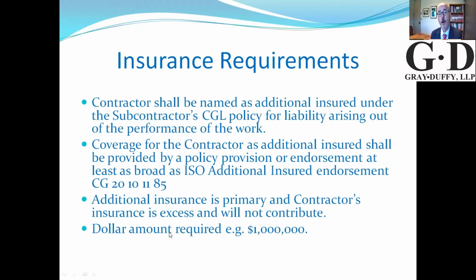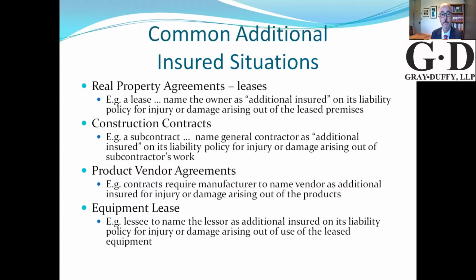And often there'll be a dollar amount required, for example, $1 million or $5 million, depending on the size and scope of the work to be done. Sometimes there are other provisions they will require, for instance, contractual liability coverage, or they might specify products and completed operations coverage are required as part of the bargain for insurance.